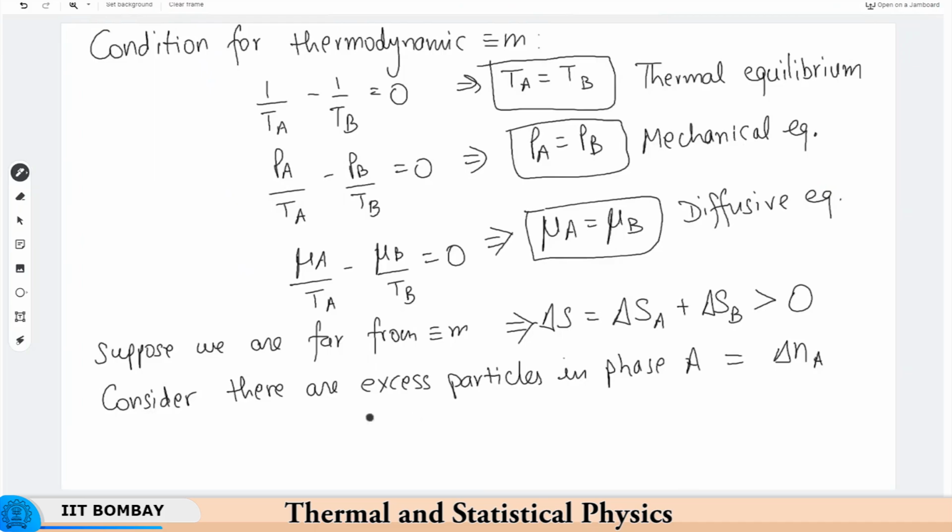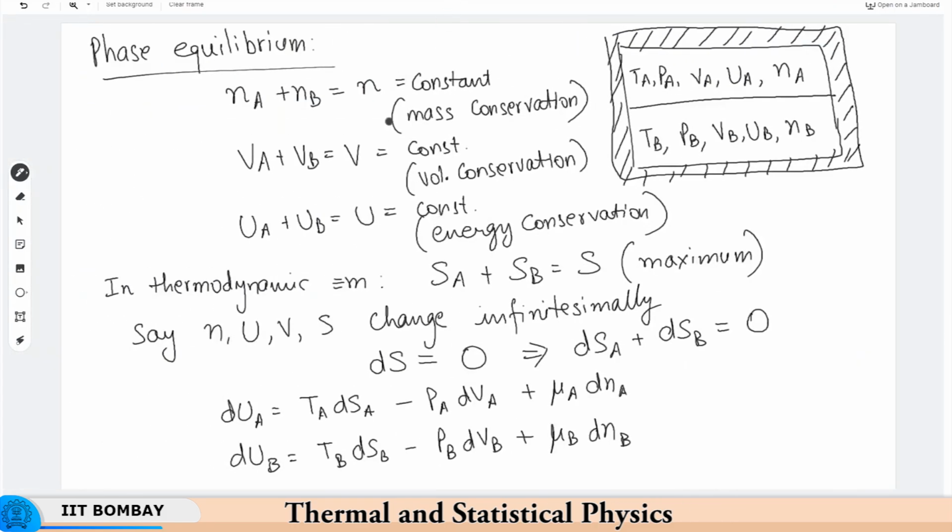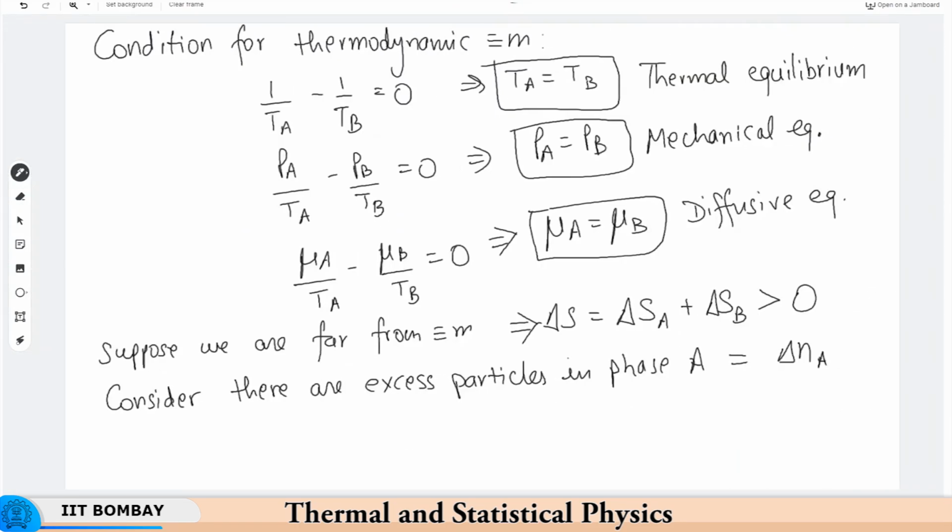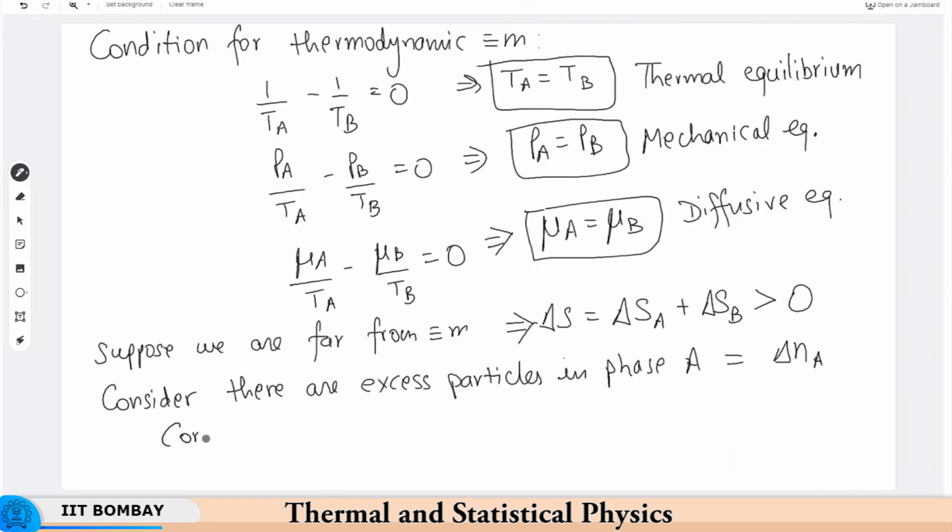Okay. Since the total number of particles remains constant, there is a corresponding deficit of particles in phase B, which will exactly be equal to minus delta N A, because the total number of particles remains constant.